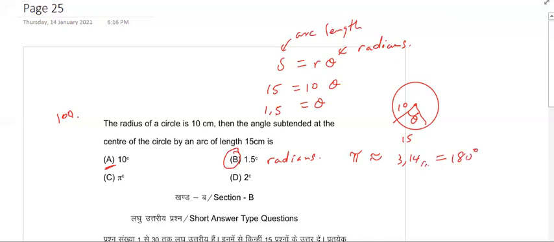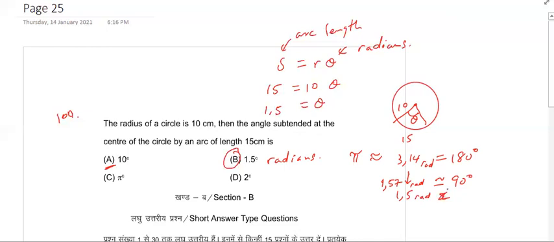Let me just write in red here. So remember, we want 1.5, but now if you have to estimate, 1.57 radians should be approximately equal to 90 degrees. So 1.5 radians is just very close to 90.